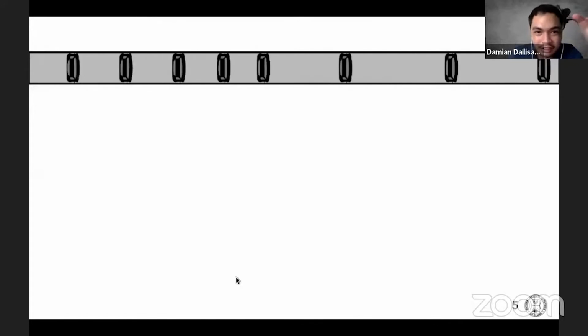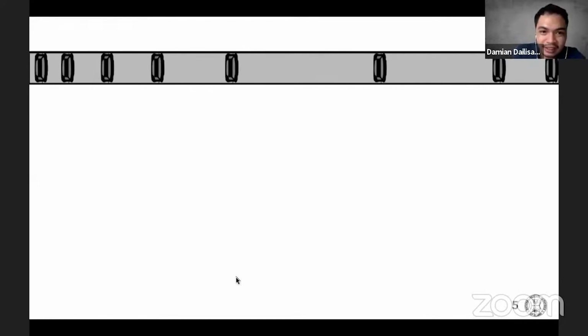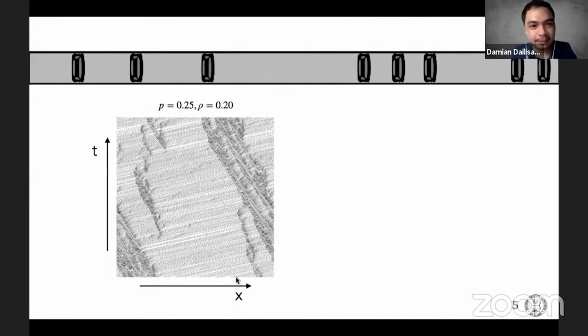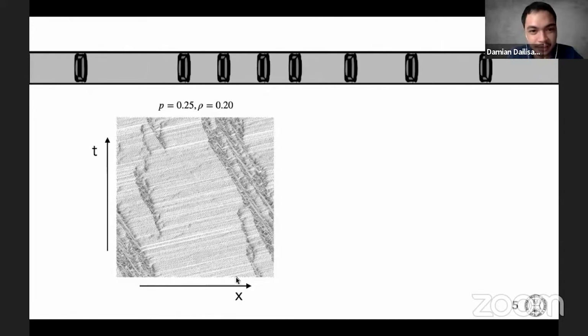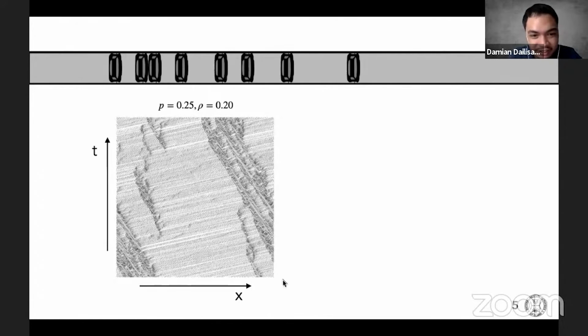So if you take snapshots of this road at different points in time and then stack them on top of each other, you get a plot that looks like this. This is what's called a space-time diagram. So on the x-axis, you have the road in space, and then the y-axis is the evolution in time of the road.